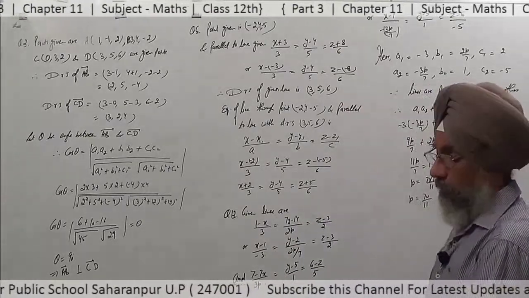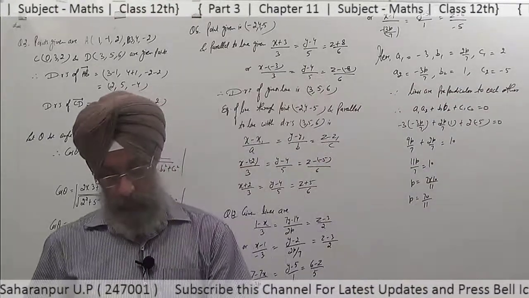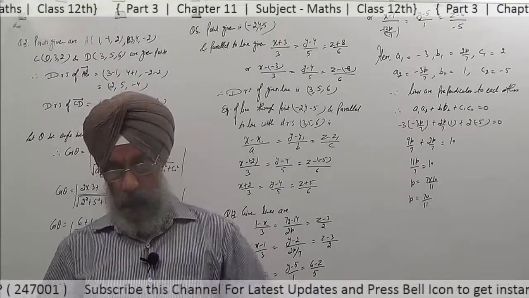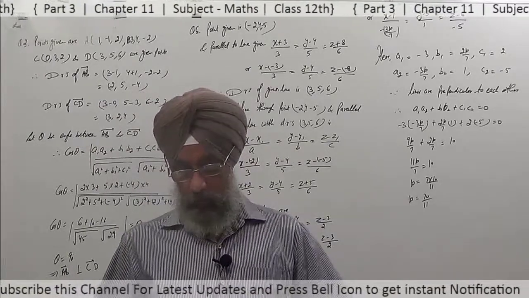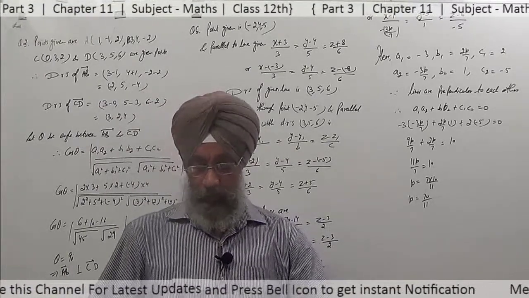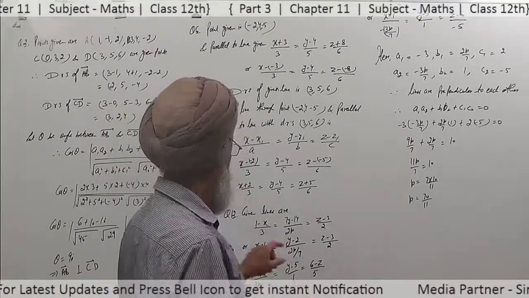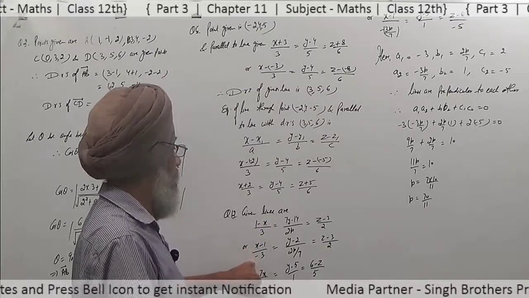See question number 12, saying we have to find the value of p so that (1 minus x) upon 3, (7y minus 14) upon 2p, (z minus 3) upon 2 and (7 minus 7x) upon 3p, (y minus 5) upon 1, (6 minus z) upon 5 are at right angles to each other. Now taking the negative sign common here, it becomes (x minus 1) upon minus 3.